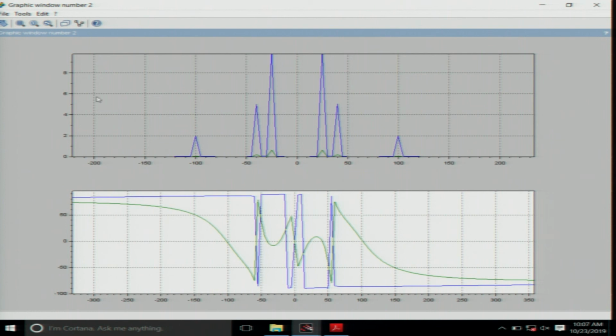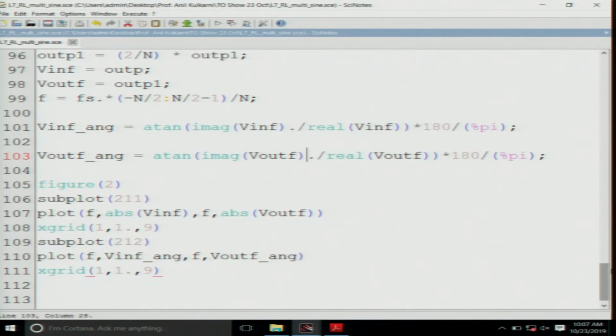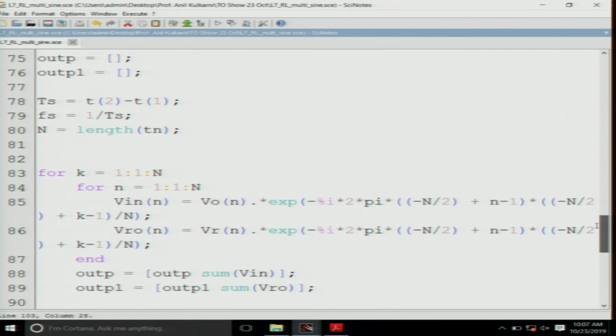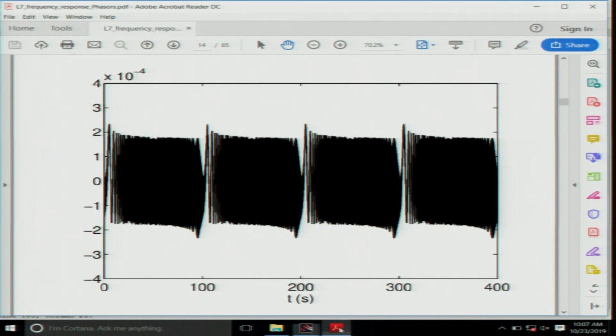Okay. So, now just imagine what would happen in case I injected the multi-sine. In case of the composite multi-sine which I showed you some time back, if I injected a signal like this into the system, then you have got so many frequencies.